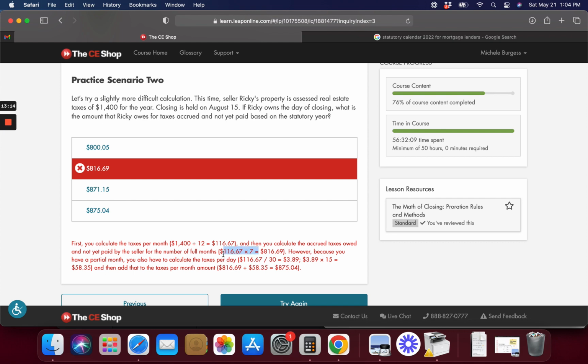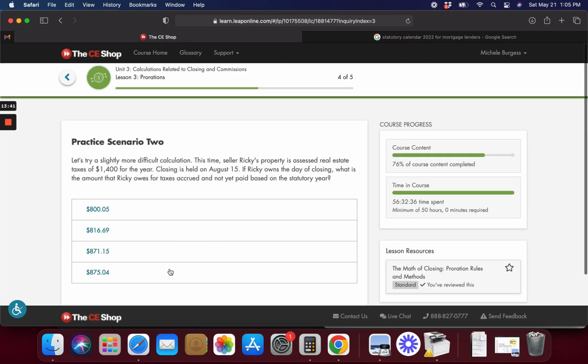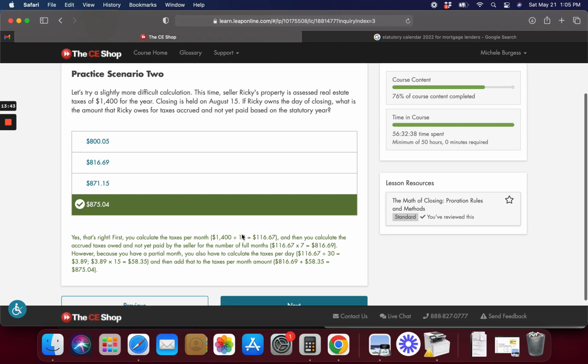I was doing 4.5. And because you got a partial payment, you got to divide that 116 divided by 30 in half. Look at all this complicated mess. Oh my God. Who loves math? This would be a perfect job for you. Definitely not for me. I would be frustrated. Okay, so it's 875.04.